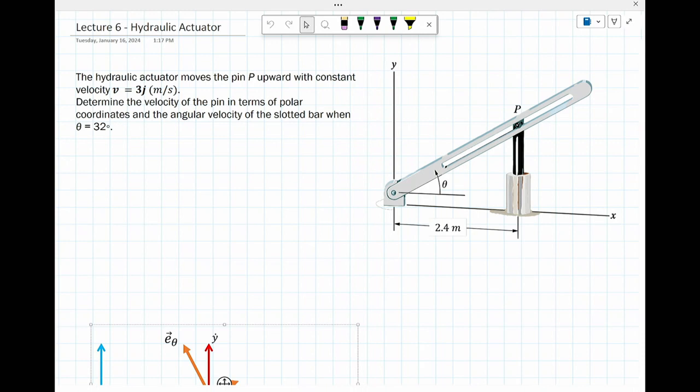The hydraulic actuator moves the pin P upwards, so P is right there, and it moves upwards with a velocity of 3j meters per second. Determine the velocity of the pin in terms of polar coordinates and the angular velocity of the slotted bar when theta equals 32 degrees.